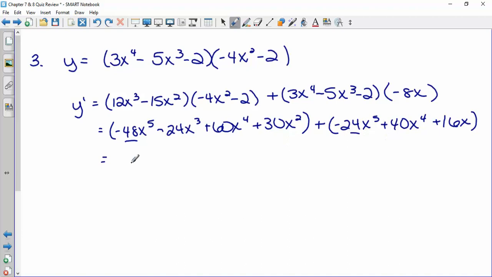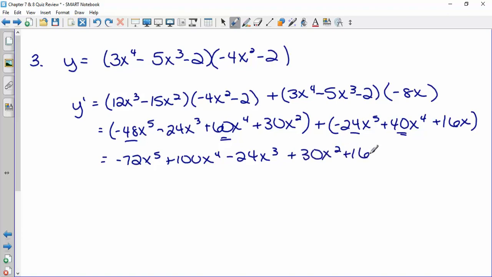Add like terms, we get negative 72x to the fifth plus 100x to the fourth minus 24x to the third plus a 30x squared plus a 16x.